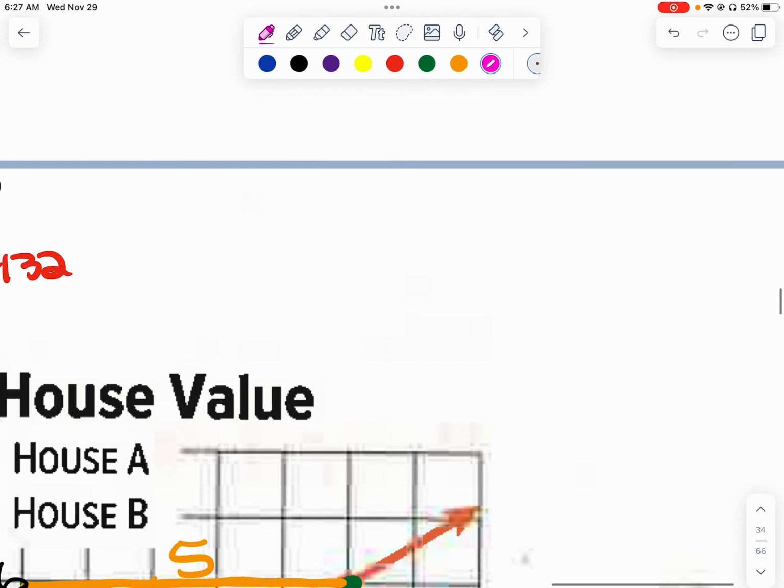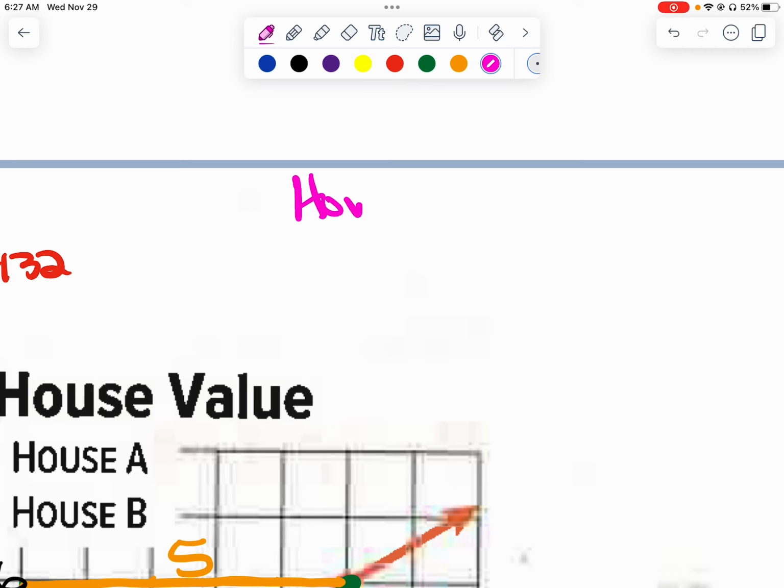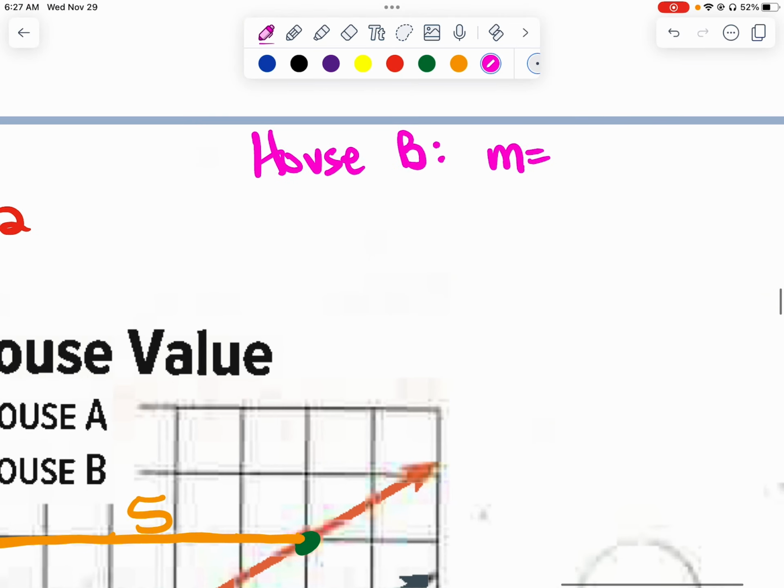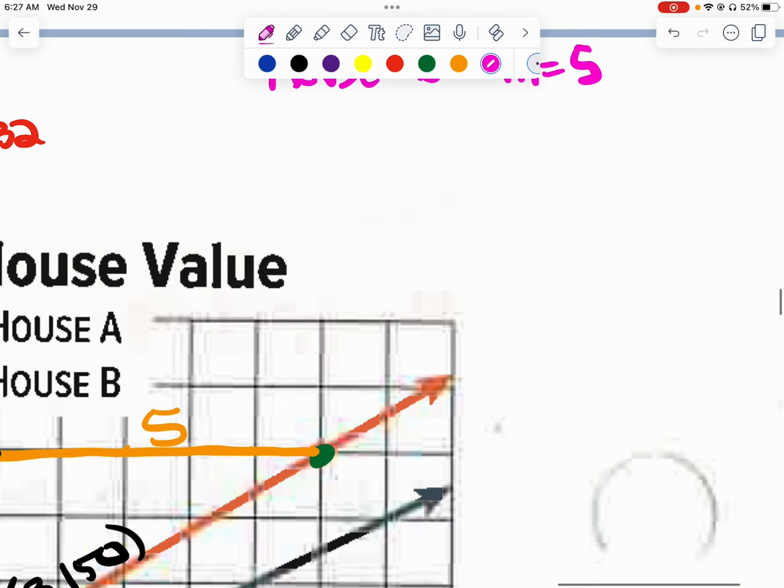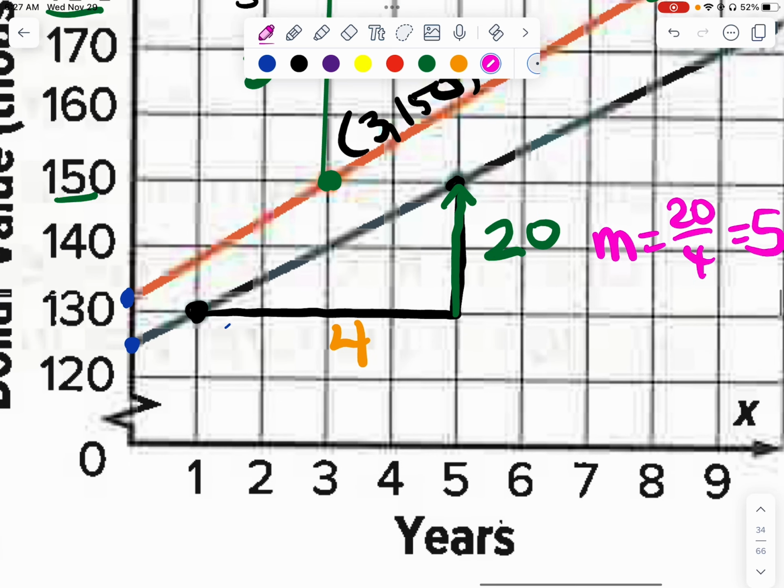So house B, its slope, what did I just say it was? 5. And I need to pick a point for this one. I'm going to pick this point right here. That's the point 1, 130.